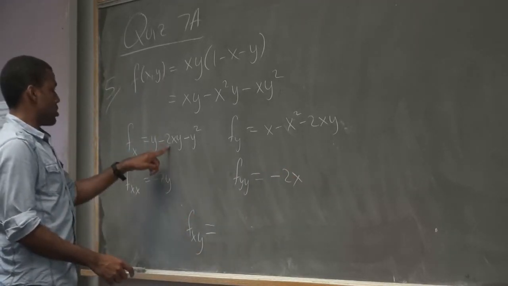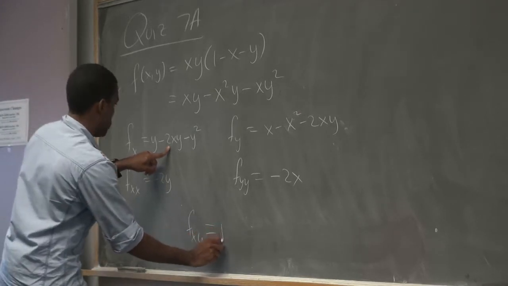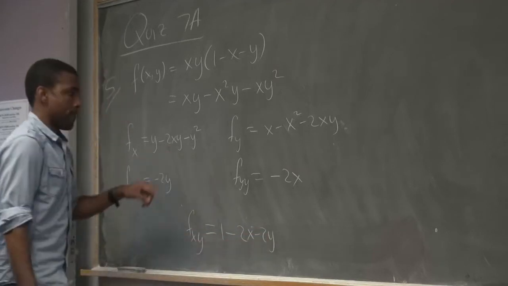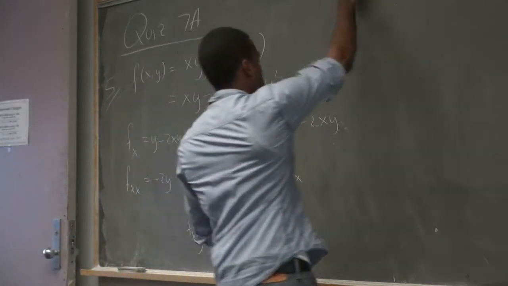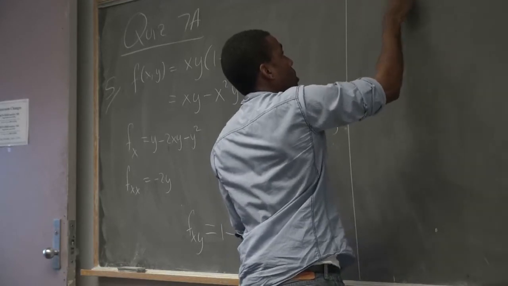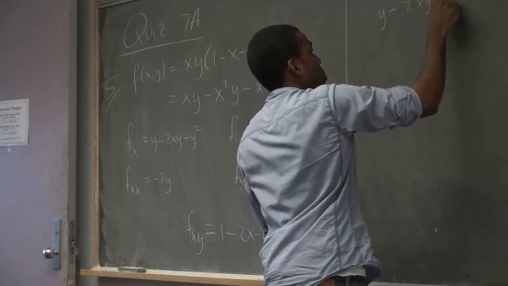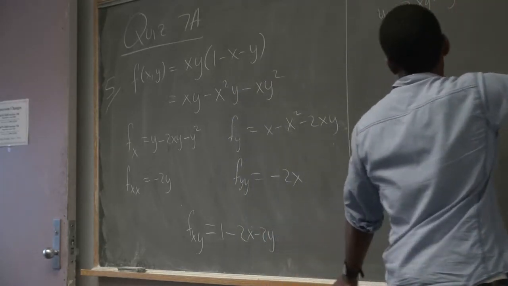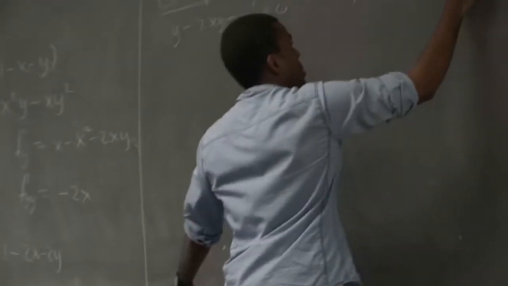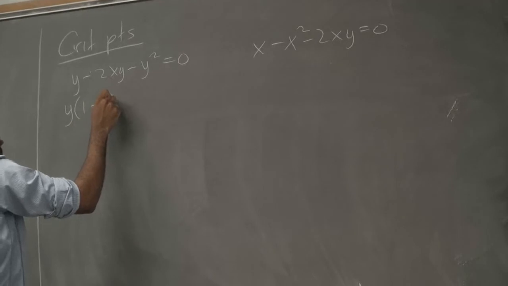Taking the x one with respect to y, you get 1 minus 2x minus 2y. Okay, so now for critical points, you would need y minus 2xy minus y squared equal to 0 and x minus x squared minus 2xy equal to 0. For either one of these I can just factor.